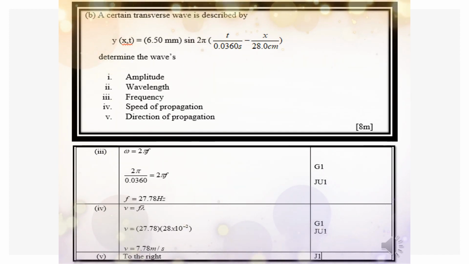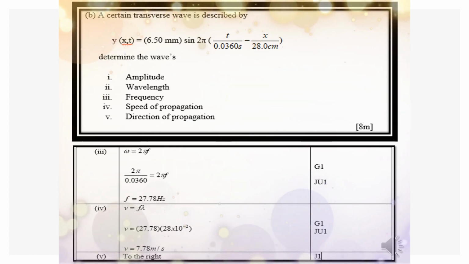Manakala untuk soalan yang keempat, kita nak mendapatkan speed of propagation. Speed of propagation adalah V equal to F lambda. F telah kita perolehi daripada nilai angular frequency ataupun omega tadi. Manakala wavelength lambda, kita dah dapat daripada soalan nombor 2, daripada nilai wave number. Anda semua kena ingat untuk mendapatkan wavelength mesti daripada wave number, K equal to 2 pi over lambda.